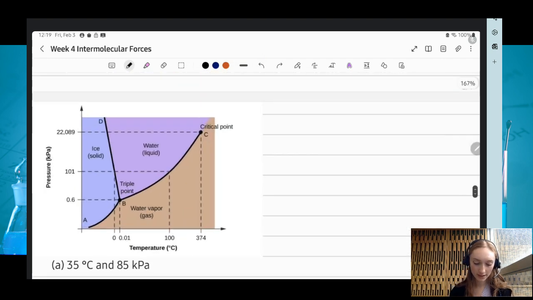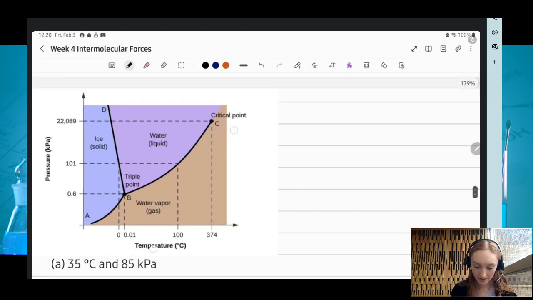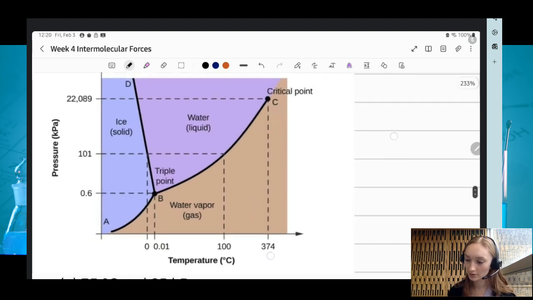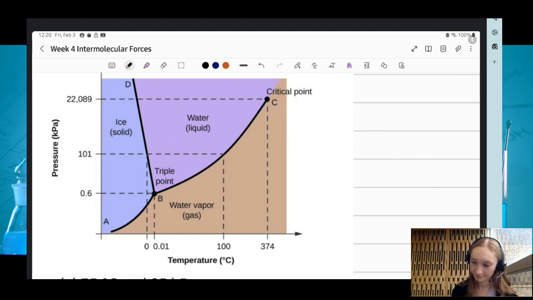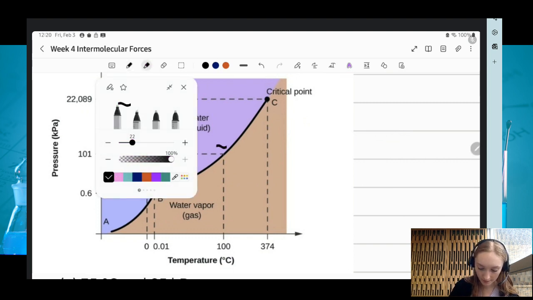Okay, so let's look at this. For question A, 35 degrees Celsius and 85 kilopascals. From this diagram here, you might not be able to see it very well, so let me just zoom in. Hopefully that's a little bit better. At 35 degrees Celsius, it would be around this point right here.